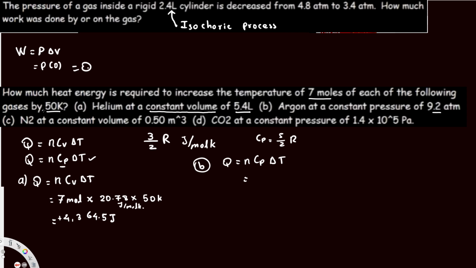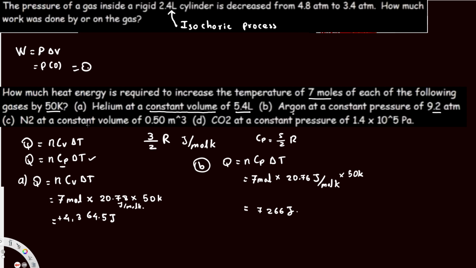Here they have given the moles, 7 moles, so we can directly plug it in. 7 moles times Cp, 20.76 joule per mole Kelvin, multiplied by the temperature change that is provided, 50 Kelvin. If you calculate this value you will get 7266 joules. So this is the answer for the B part.